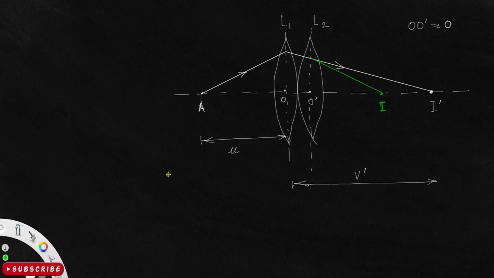So we can mark this distance as V. You can measure it from O or O dash. This O dash is very small, so it doesn't make any difference. Even if you take this as V dash, sorry, this as V, there is no difference, because this O dash is almost 0.